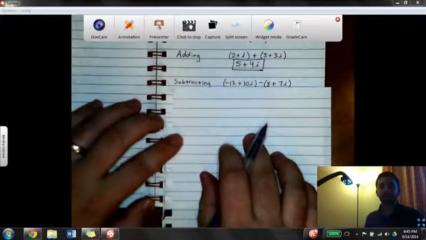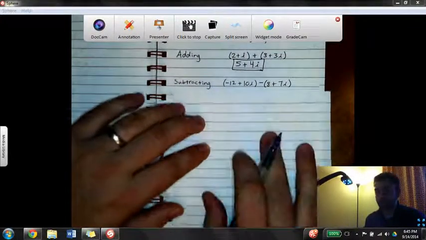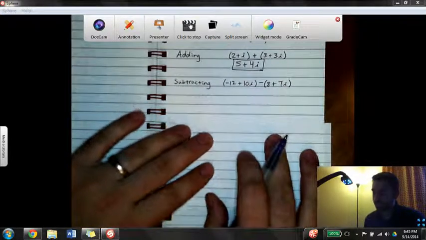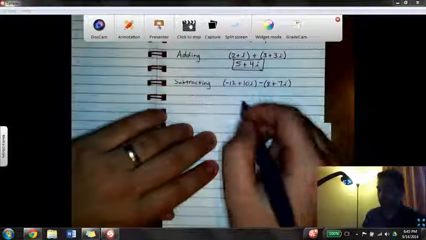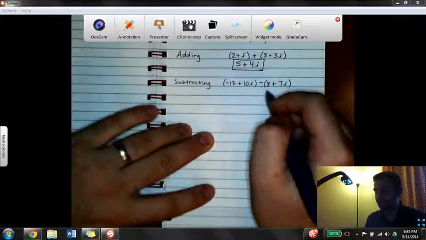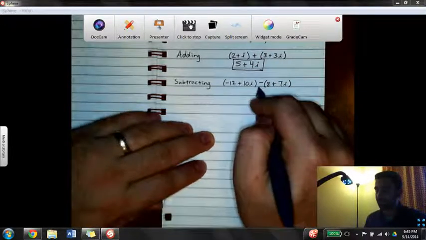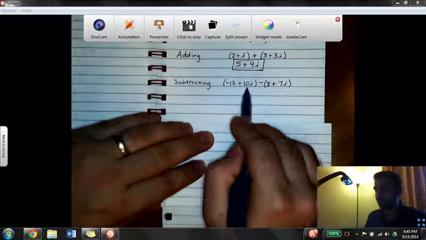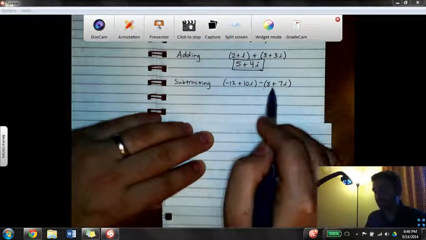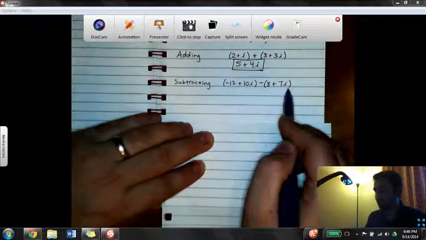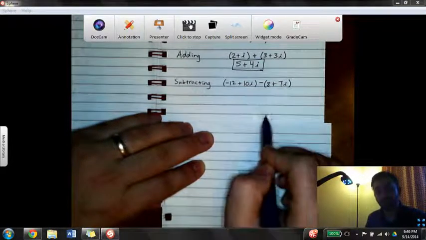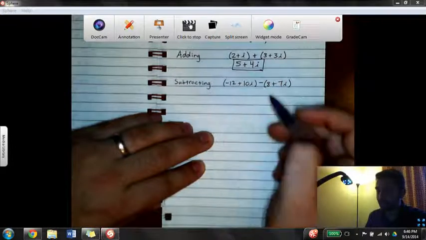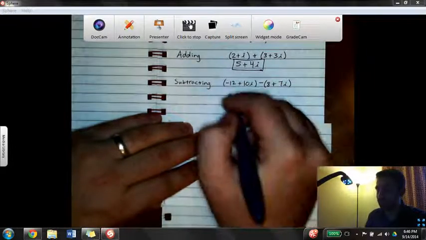The next operation is subtraction. And when we're subtracting, once again, it's very similar to when we're subtracting polynomials, where if I have negative 12 plus 10i minus the complex number 8 plus 7i, I have to remember to distribute my subtraction to make these terms negative.